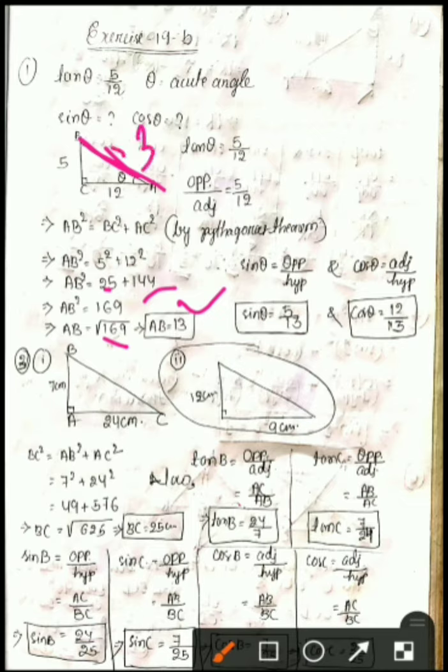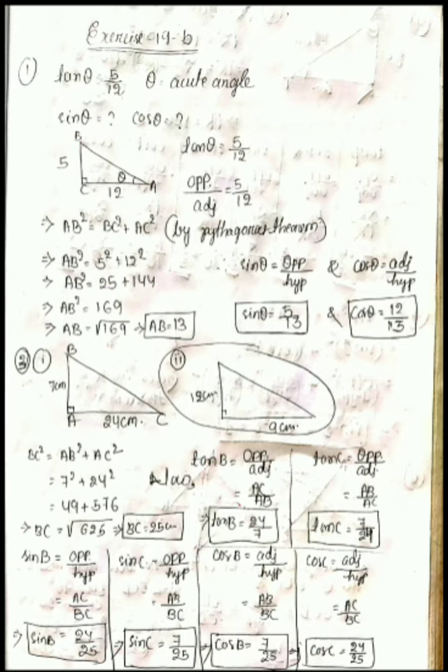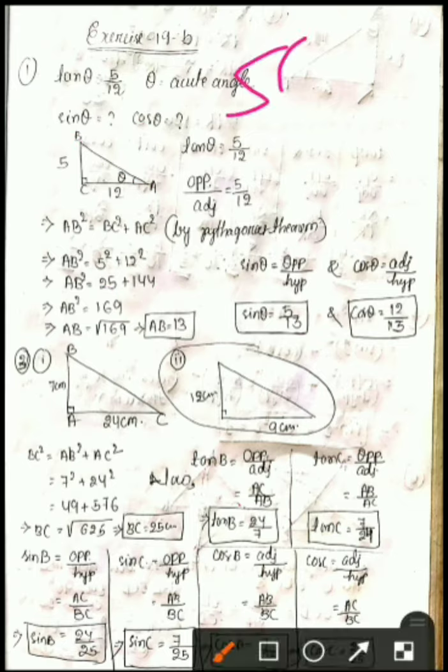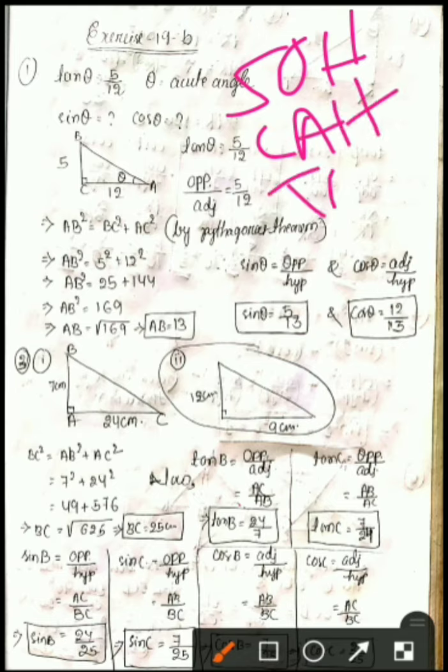Now you can get the value of sin theta and cos theta easily. Remember the term SOHCAHTOA: SOH, CAH and TOA. Out of this, sin theta will be opposite by hypotenuse. That's what I have written here. And what is the opposite here?